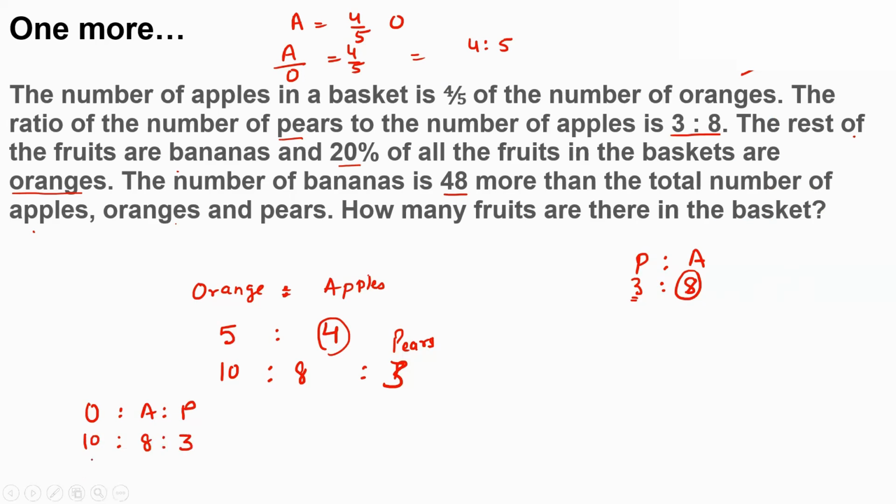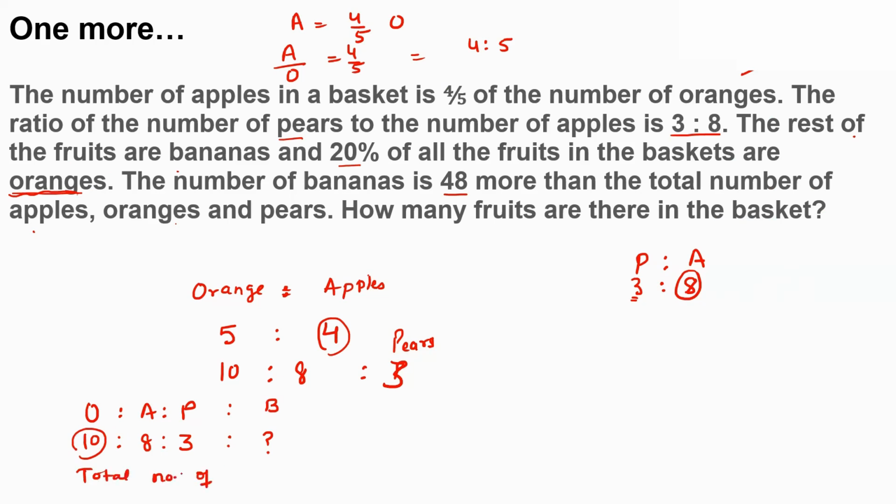Okay. But one more thing you have to keep in mind, and I need to find the bananas now. But one more thing I know. What is that? Whatever the oranges are, they are 20% of all the fruits. So if 20% is 10, it means the total number of fruits will be 50.